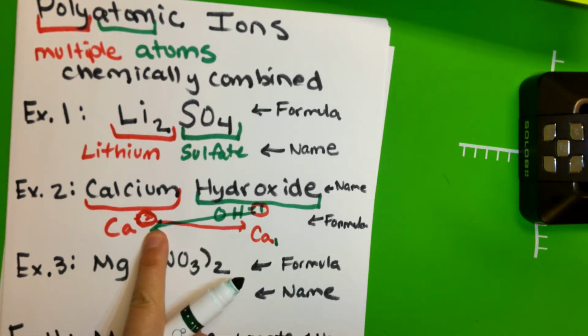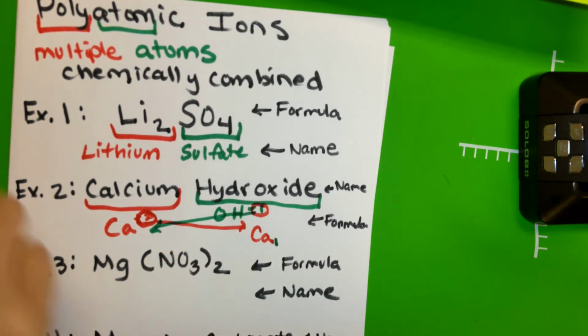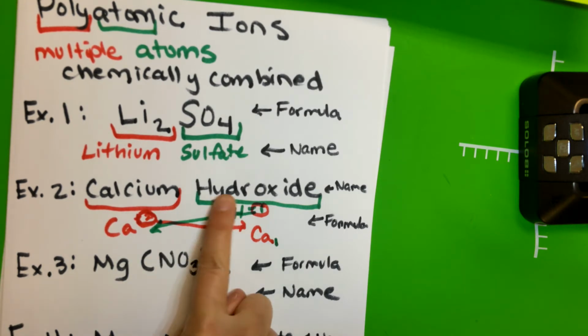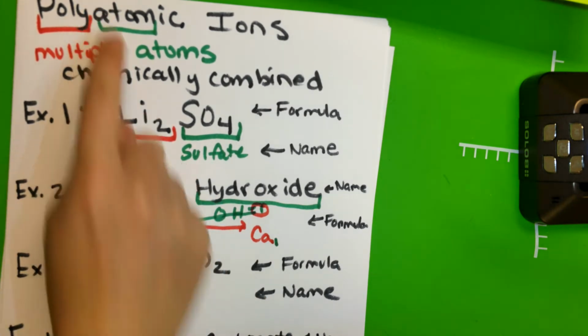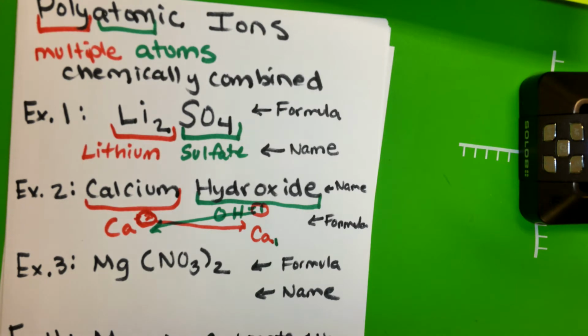That one went here. And then hydroxide. Now hydroxide, the whole thing, that's why it's polyatomic. Hydroxide is permanently together. They're like twins, well, not twinsies, but they're always going to be together. They're polyatomic, they're bonded together. You're not going to separate them.